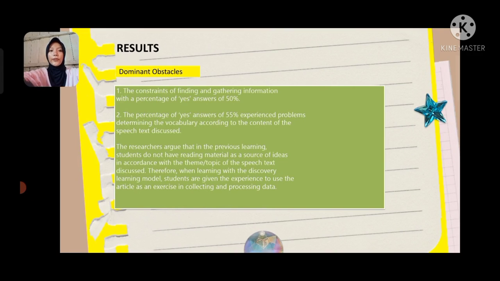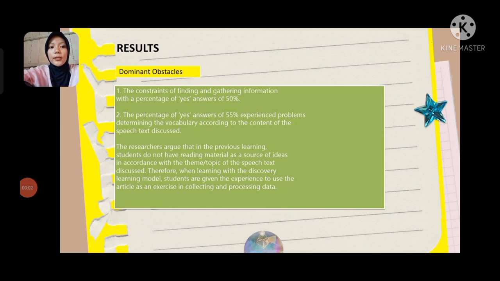The next is result. After applying the discovery learning models to the 9B and 9A classes, it can be concluded that there are two dominant obstacles faced by students while writing a speech text. The first is the constraint of finding and gathering information, with a percentage of yes answers of 50%, and the second, with a percentage of yes answers of 55%, is problems with choosing vocabulary according to the content of the speech text discussed.